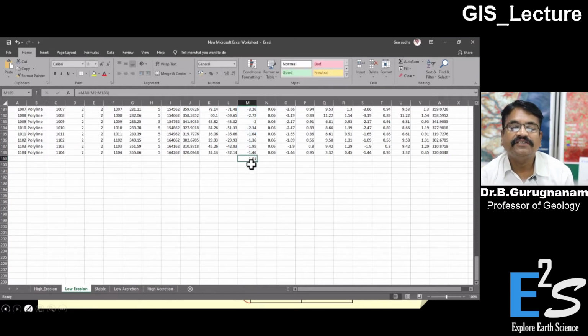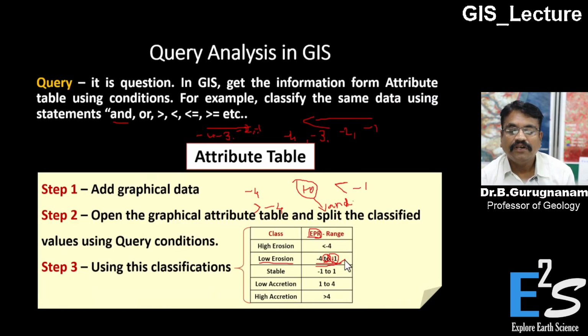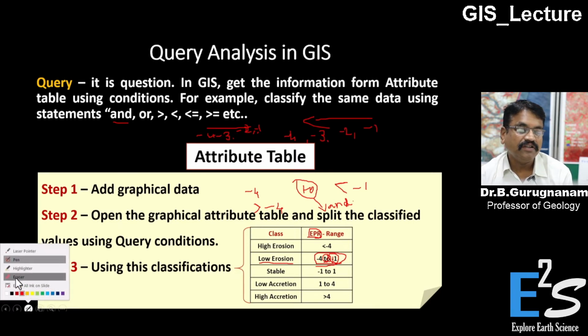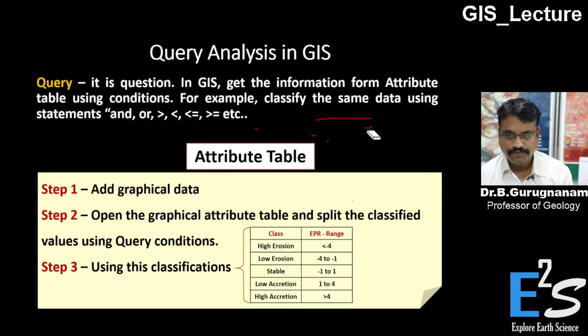Yes, it is -3.97. Now it's correct. Now we will go to stable, and similarly we have to do it. With the logical applications we have to be very careful. I'm just erasing the portion I have written, for understanding of query studies.